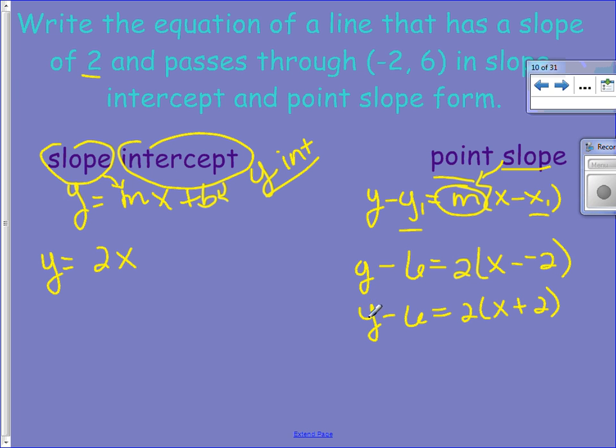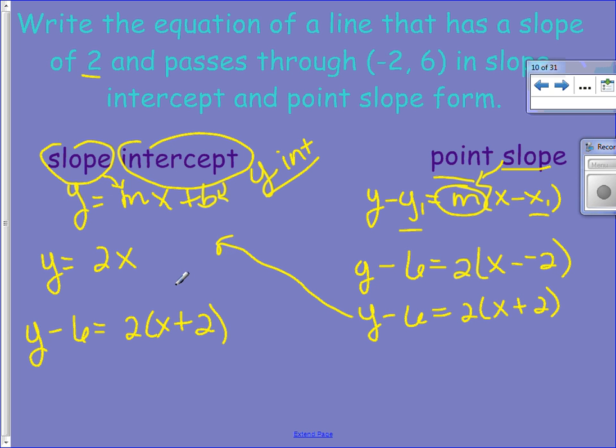Now I would take this and I would go over here. I'm going to solve so I can get it in slope-intercept form. What do I have to do first? Simplify something, correct?